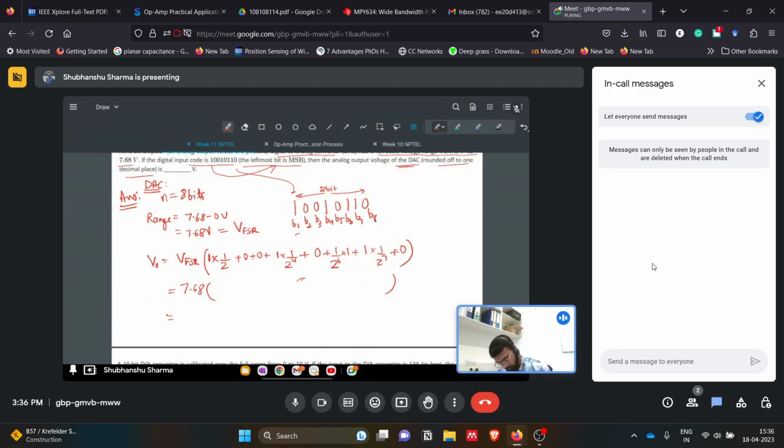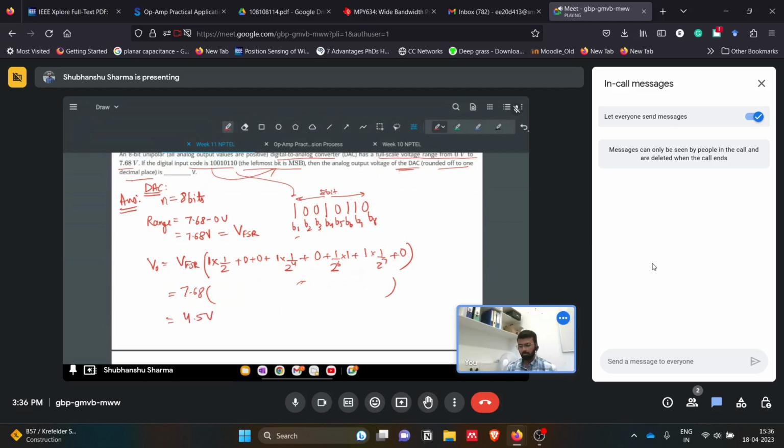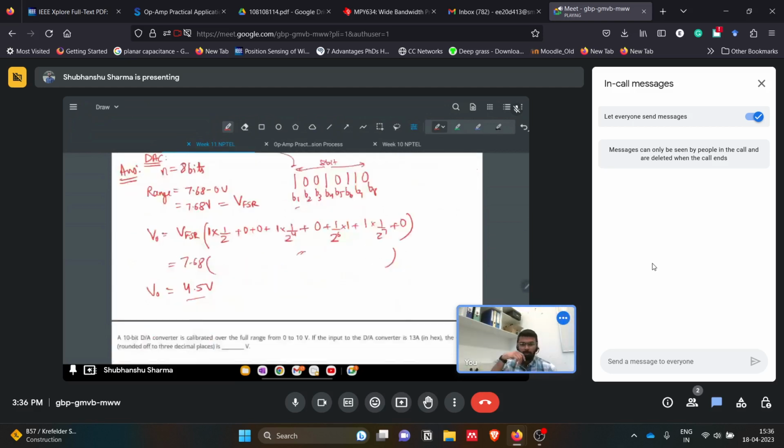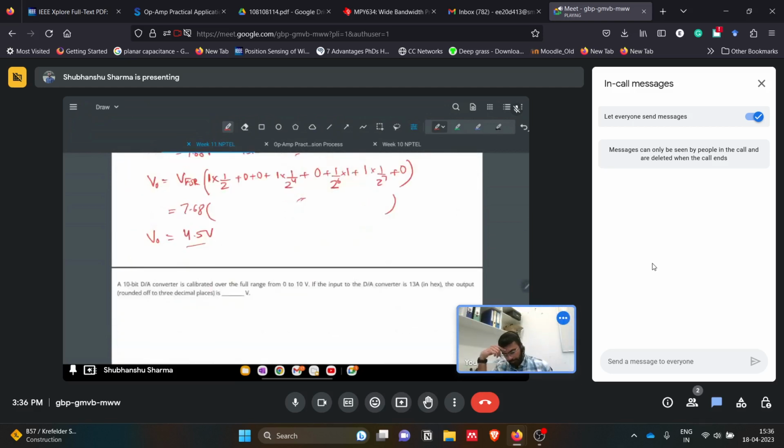It will be, yeah, 4.5 volts. So the output by giving this much of input is 4.5 volts, V naught. Okay, now the next question.